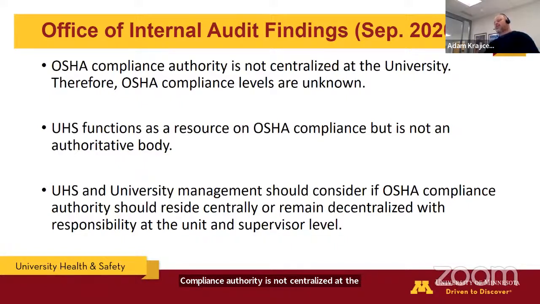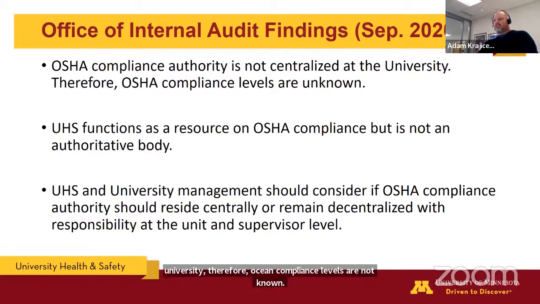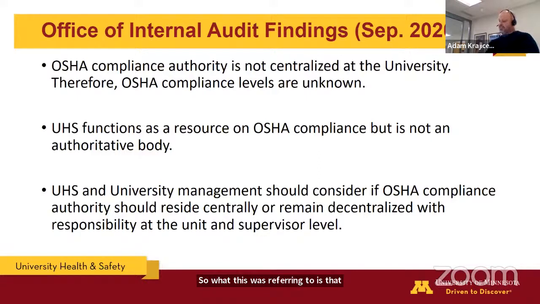With OSHA and safety regulations, the foundation involves the supervisor and the employee following the appropriate rules, but there was no policy or central authority on OSHA regulated programs. That was one of the findings.